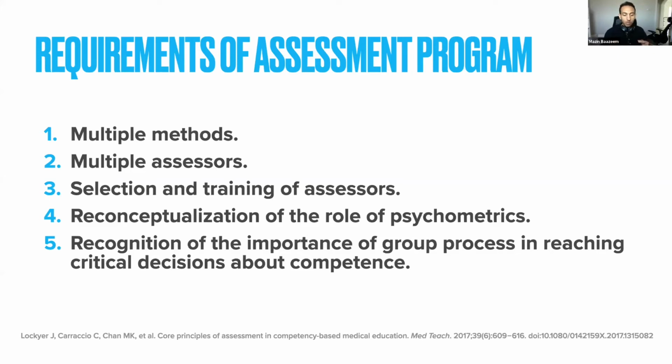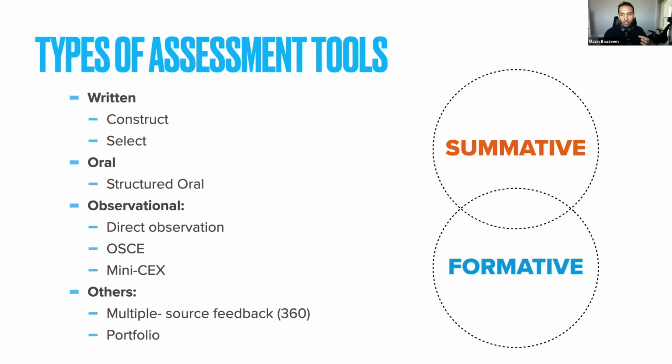So there are some types of assessment tools. The two major ones are called formative and summative. Formative assessment is an ongoing process of learning. It's not a formal test where there's pass or fail, but it's some sort of assessment, and the judgment of a teacher is always there in formative assessment.